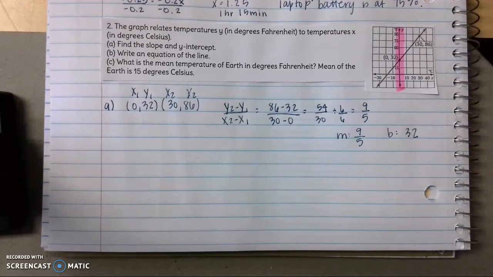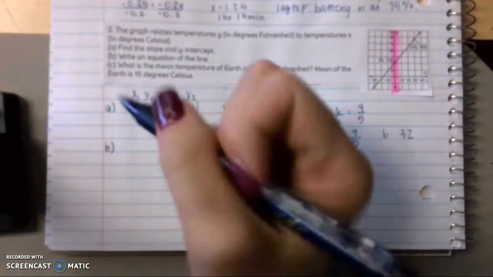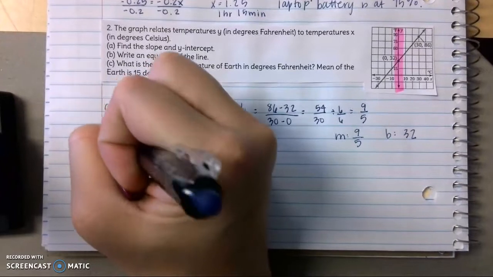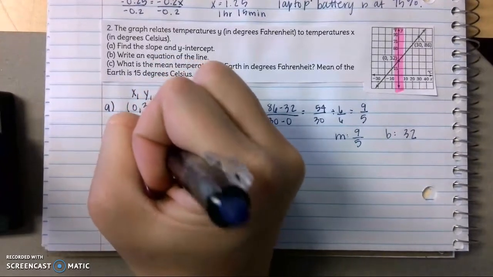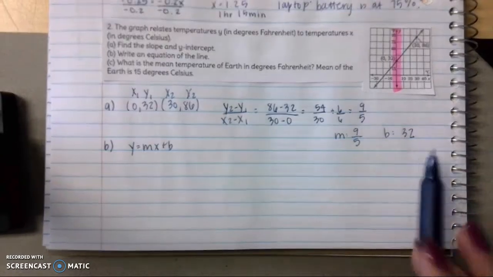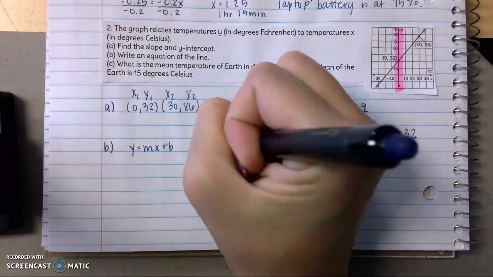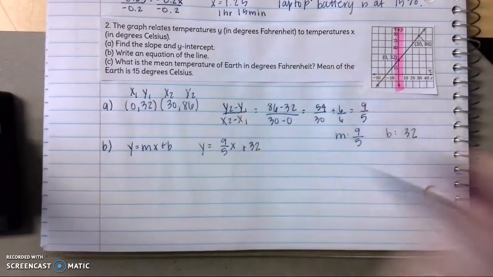There's multiple ways of finding the y-intercept if you want to use something else. Now part B, we're going to write an equation of the line. So with our equation y equals mx plus b, our slope is 9 over 5, our y-intercept is 32. So our equation is going to be y equals 9 over 5 x, do not forget your x, plus 32.